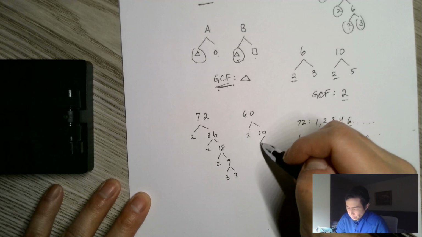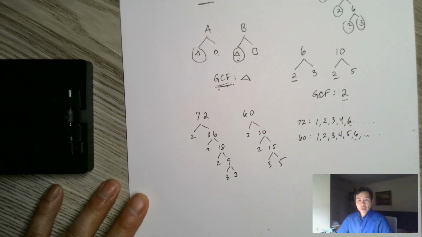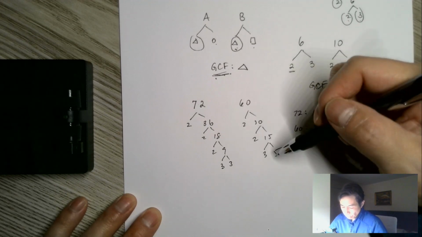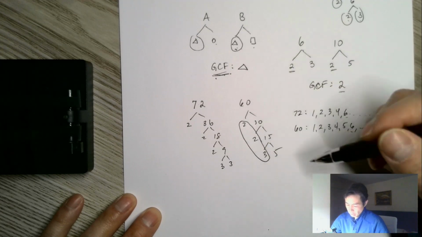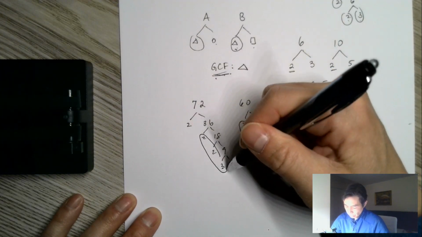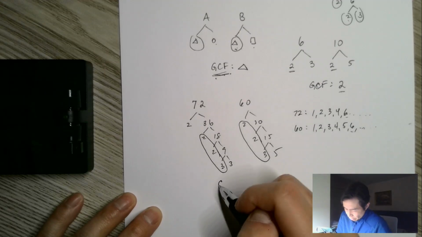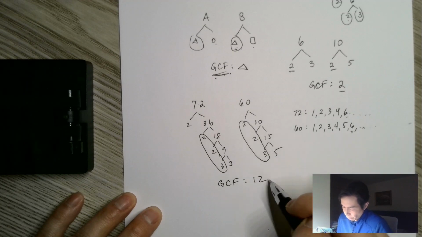And then 2 and 15. And then 3 and 5. And I will see that both 72 and 60 contain a pair of 2's and a 3. So my GCF isn't 6, it's actually 12.